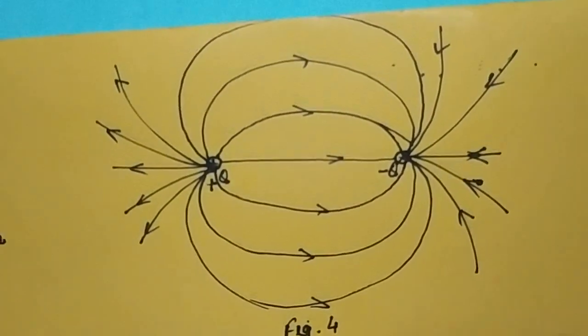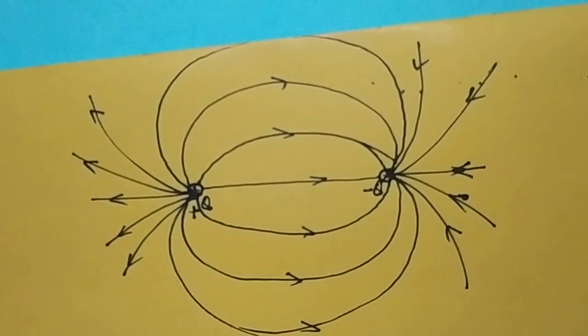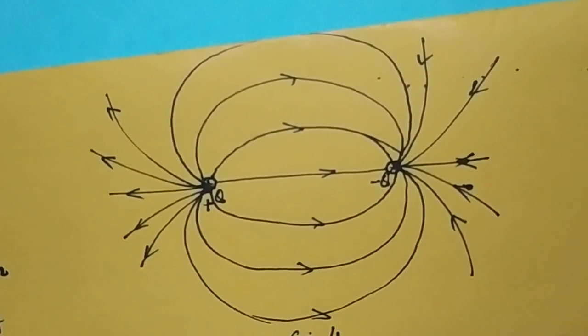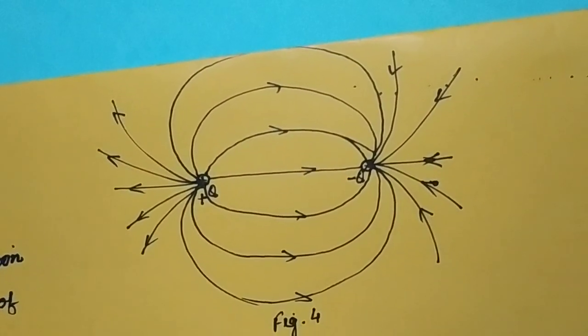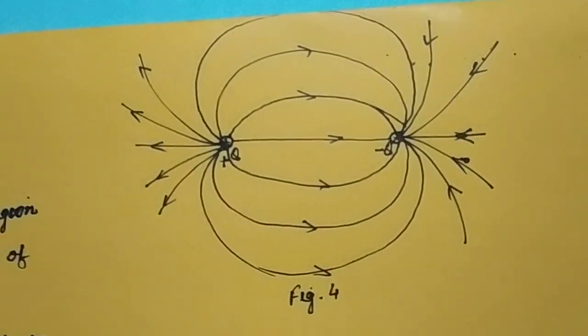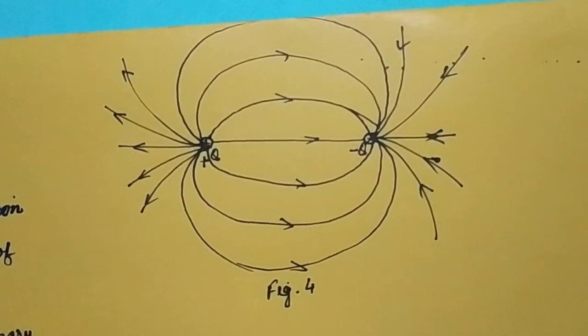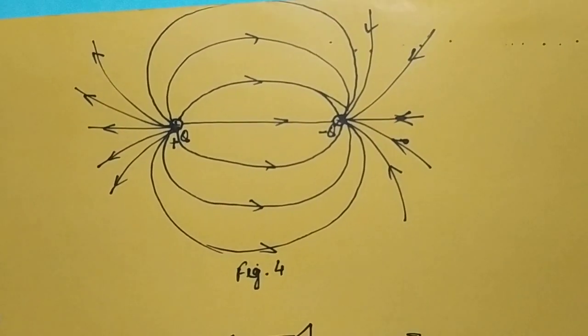This figure, figure 4, represents the modification of electric field lines due to two charges, plus Q and minus Q, kept close to each other. This representation may also be called an electric dipole. So, this figure represents the pattern of electric field lines around an electric dipole.